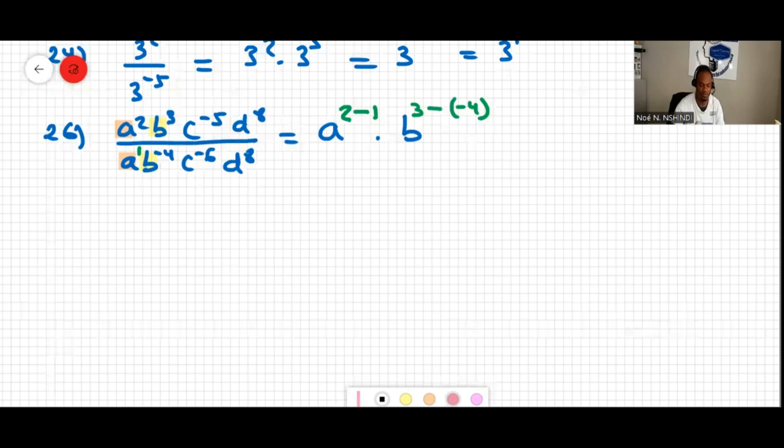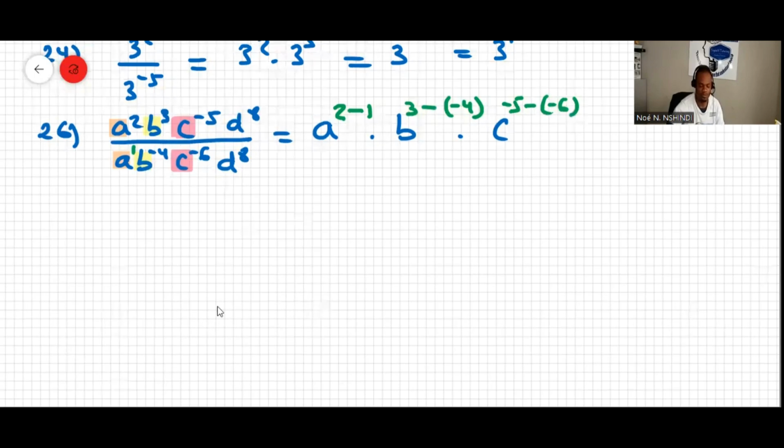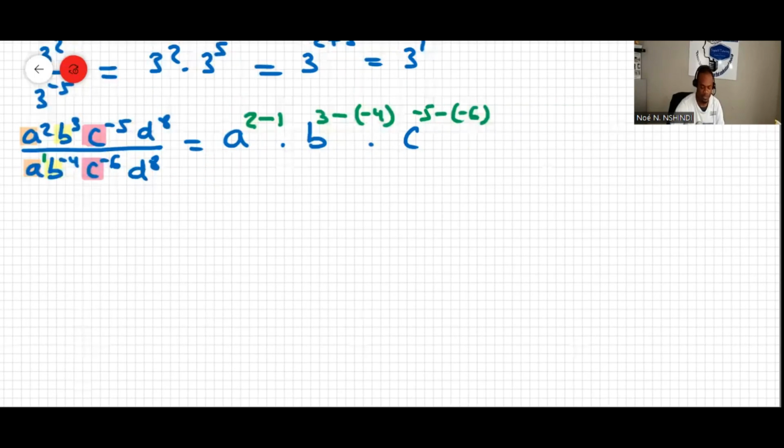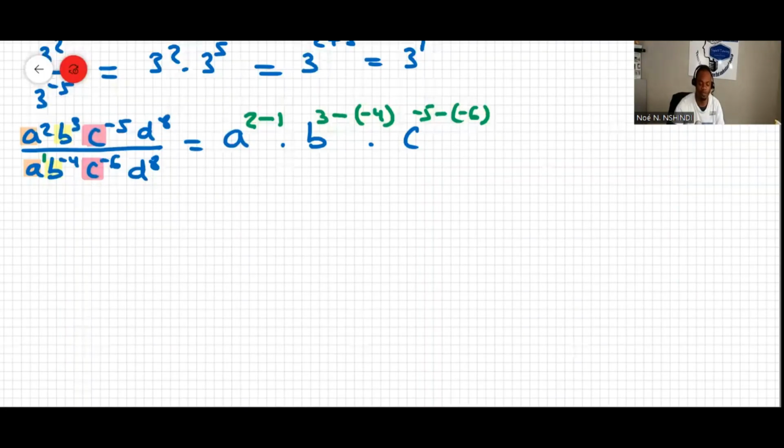The next variable will be c. This will be c to the power of -5 minus -6. Then we have the variable d and d there, so we can write d to the 8 minus 8.